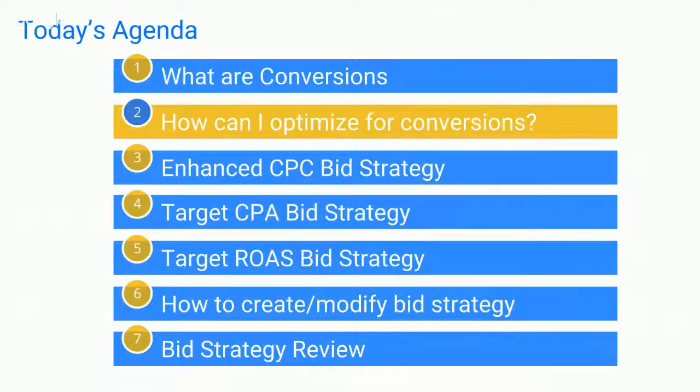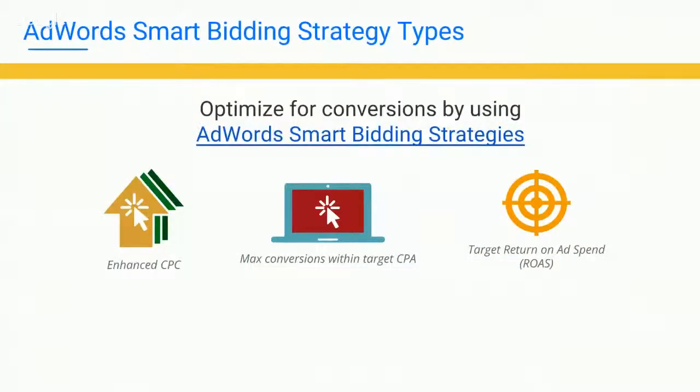So with optimizing for conversions, we have a couple of different things that we do. Today's focus is going to be on our smart bid strategies. These include ways for our system to look at the people who have purchased on your site previously and compare them to new users. It uses a little bit of that machine learning I think you've probably heard of and takes the guesswork out of your bid strategies for you.